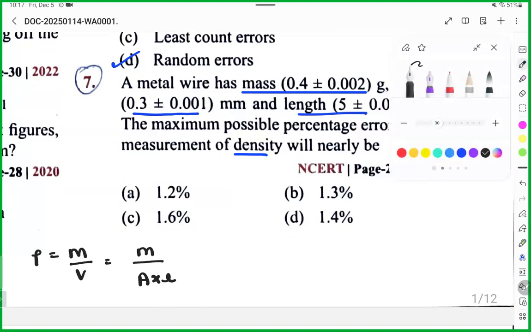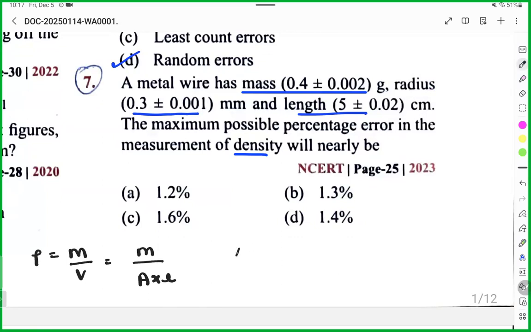How will you calculate? First take relative delta rho by rho multiplied by 100, right? It is equal to that for mass, delta m by m multiplied by 100. Correct? And whatever the unit, this relative error is always added.